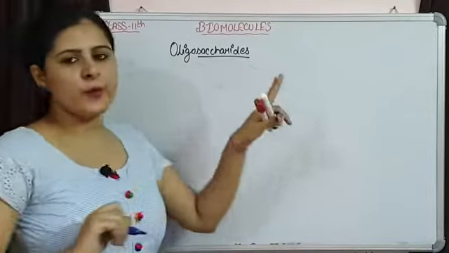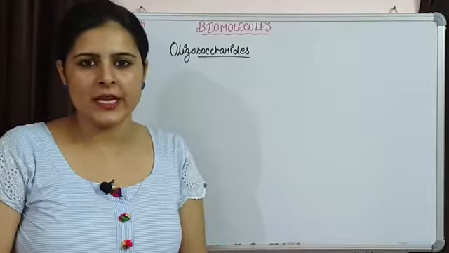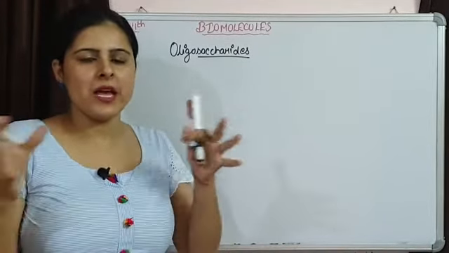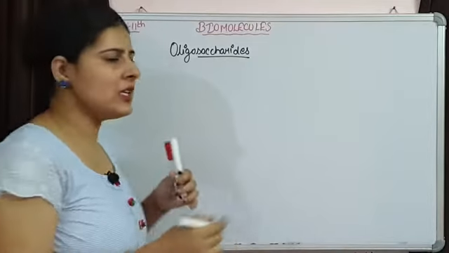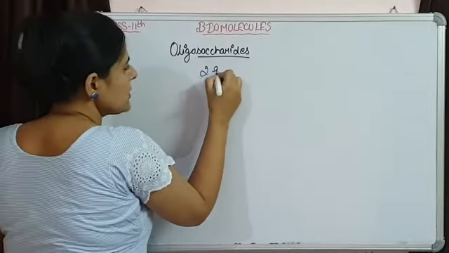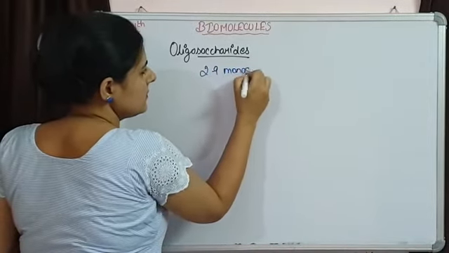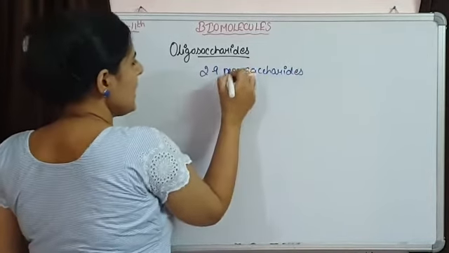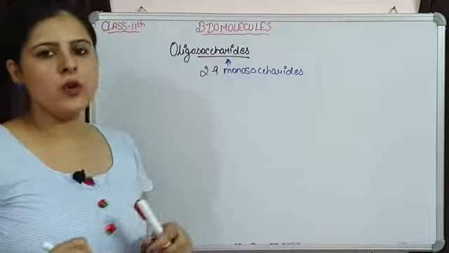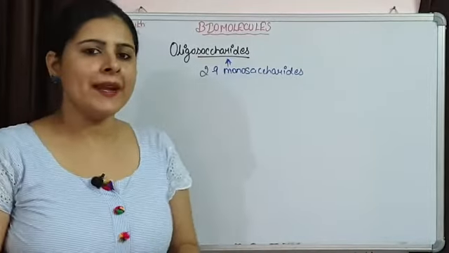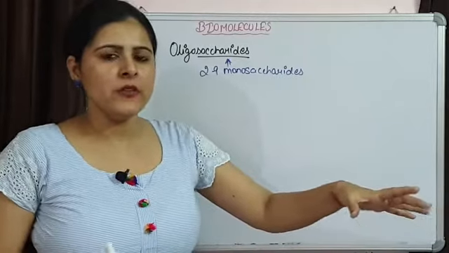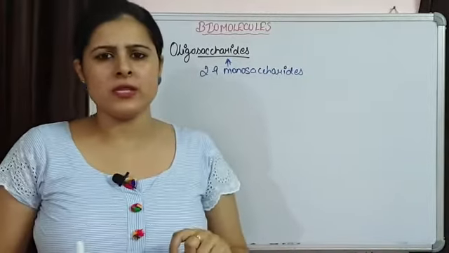These are formed by the combination of monosaccharides. By specific glycosidic bonds, the monosaccharides bind with each other, and when 2 to almost 9 monosaccharides are linked with each other, they form the oligosaccharides. So depending upon how many monosaccharides are combining together, we have different types of oligosaccharides.